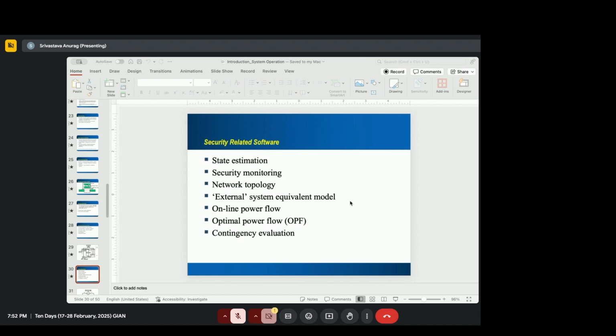SCADA is based on CT and PT, current transformer and potential transformer. PMU also uses the same CT and PT, but PMU is estimating the phasor, which is more useful because with SCADA we don't get the angle measurement.